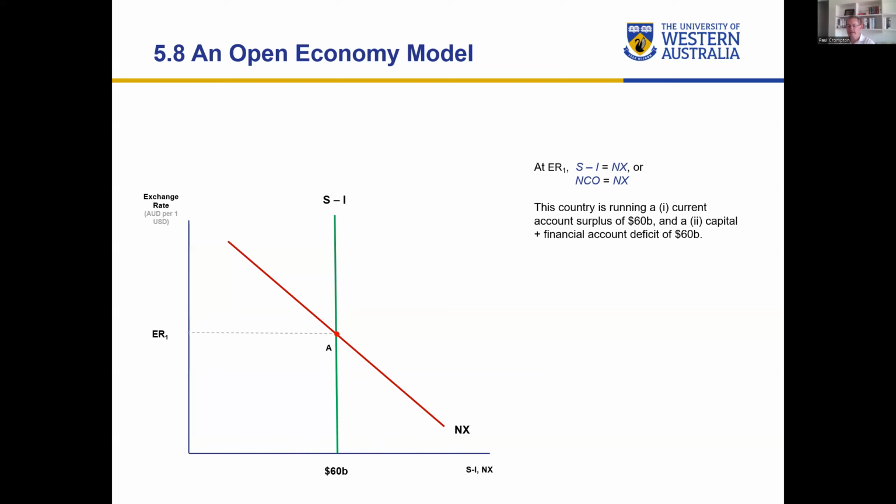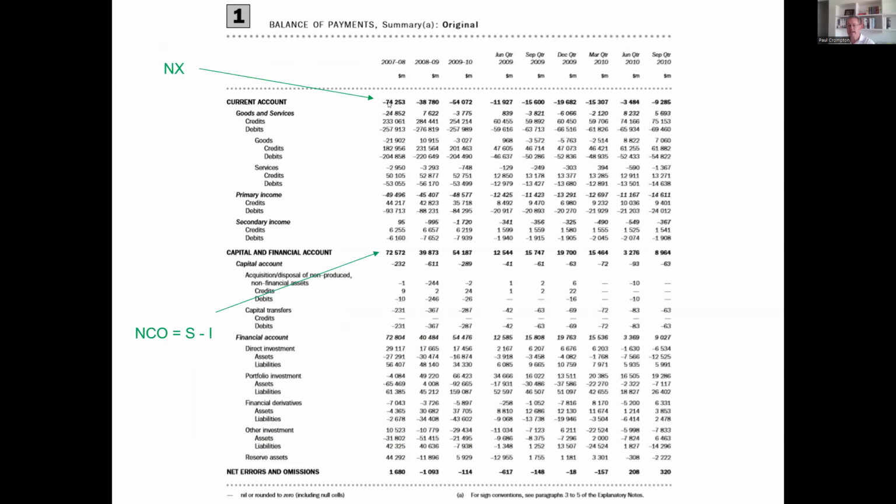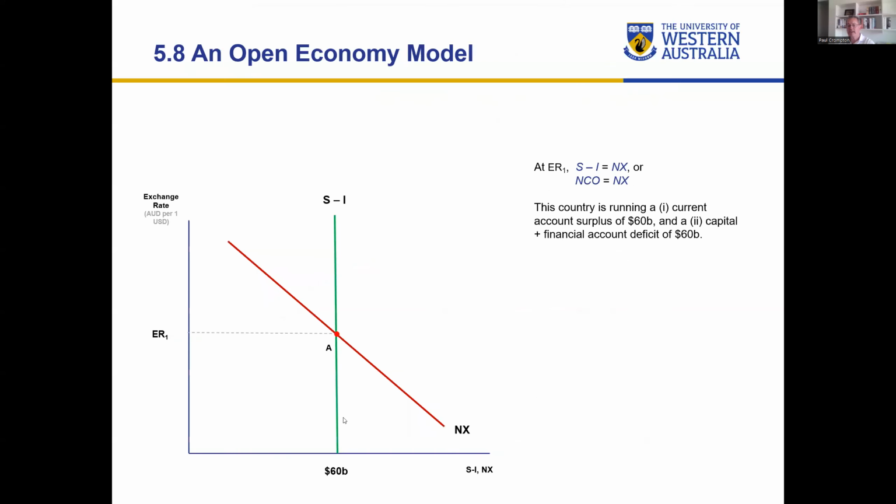And a minus figure next to the 60 billion down here in this theoretical model would be consistent with a negative value of NX, and a positive value here, a capital financial account surplus. That's if we have a negative number. But because we've got a positive number here, we're talking about countries such as Japan, in this example, Germany, Taiwan, Korea, countries that have positive S minus I imbalances and positive levels of net exports.